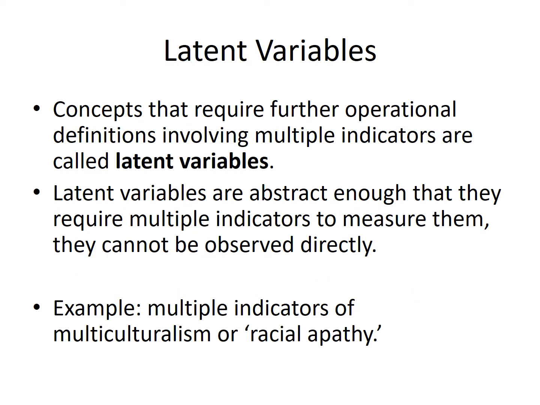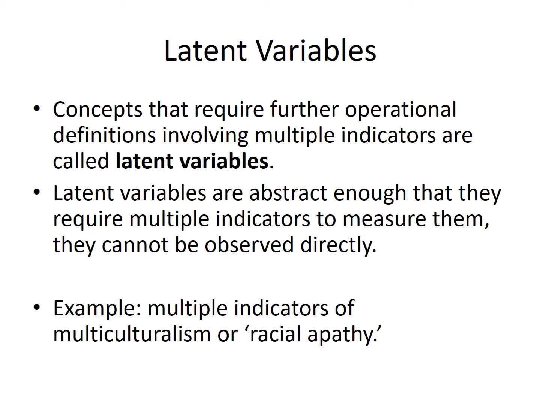Before we continue, we want to look at latent variables and manifest variables. Latent variables are variables where it takes more than one item to know what they mean. Faith would be an example of a latent variable. Another example would be interpersonal violence.